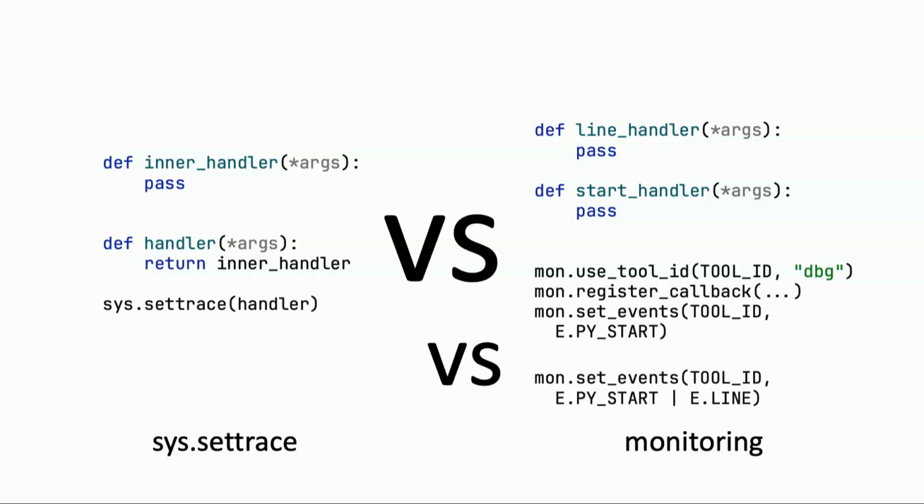And for good measure, I also compared the monitoring API when we set line events for every line. So it's closer to what sys.settrace does, but usually we don't enable line events for almost any function, just the functions that we say have a breakpoint in them, which are usually a minimal amount.